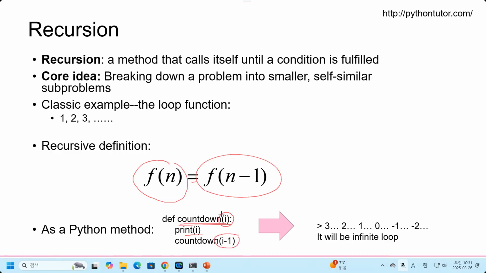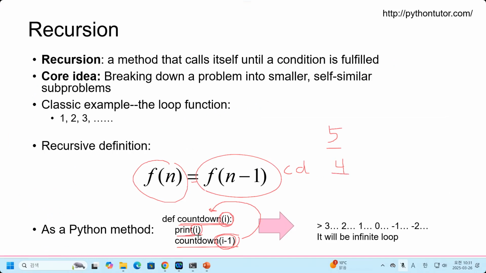So count down I, let's say I give you 5. Then I will print 5 and then I minus 1. So 5 minus 1, it will be 4. Because this is countdown, it means I will call again this function. Now countdown 4.